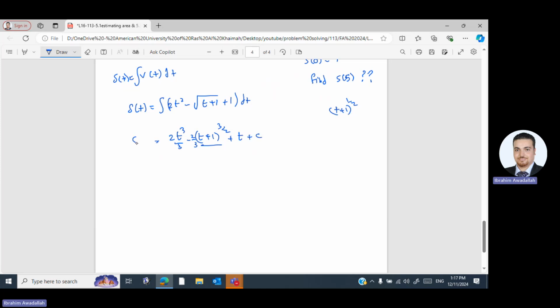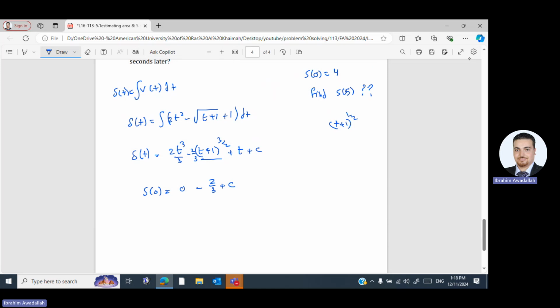s of t. We have s of 0 equal to 4. Substitute 0 here, it will be 1, 1 to the power 3 over 2 times minus 2 over 3, plus t is 0, plus c. s of 0 from here equals 4, so 4 plus 2 over 3 equals c.